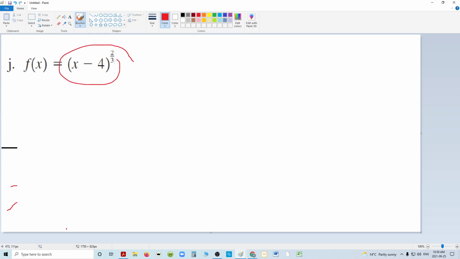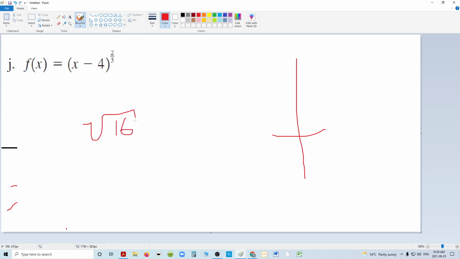Since we know roughly where it's going to exist, what happens when x is 0? When x is 0, you get minus 4 squared, 16, and then cube root. So there's not really a good way, but you could do 8 times 2, and the cube root of 8 is 2. So you're going to get 2 times the square root of 2, which means it's going to cut through. Oh, and that's also interesting.